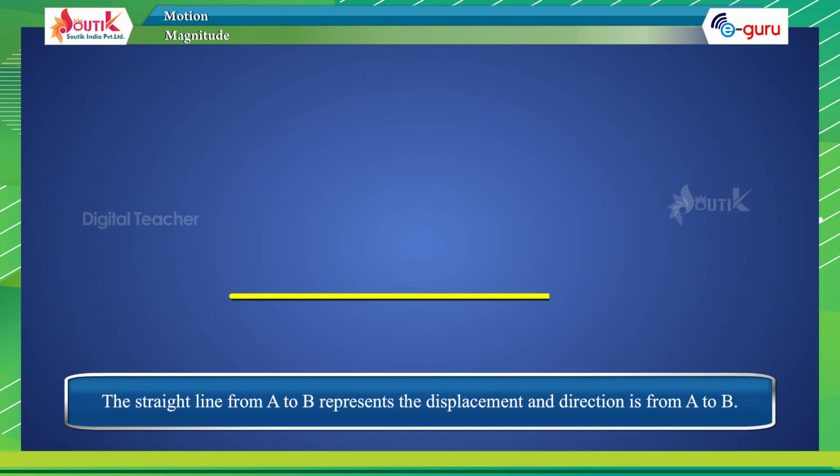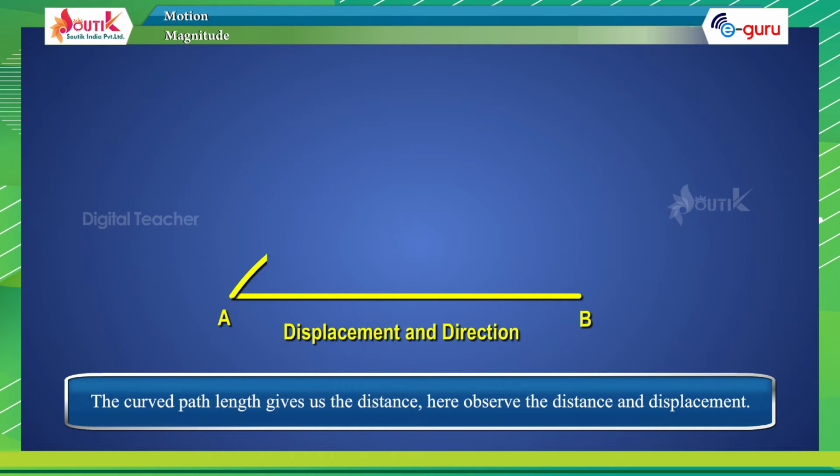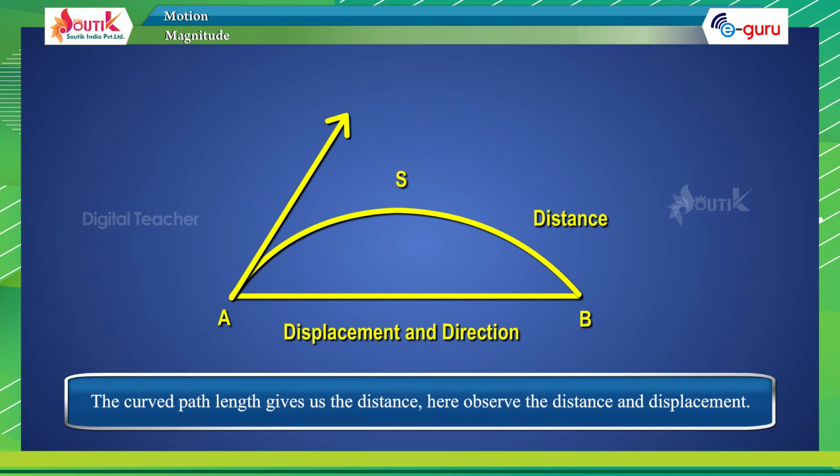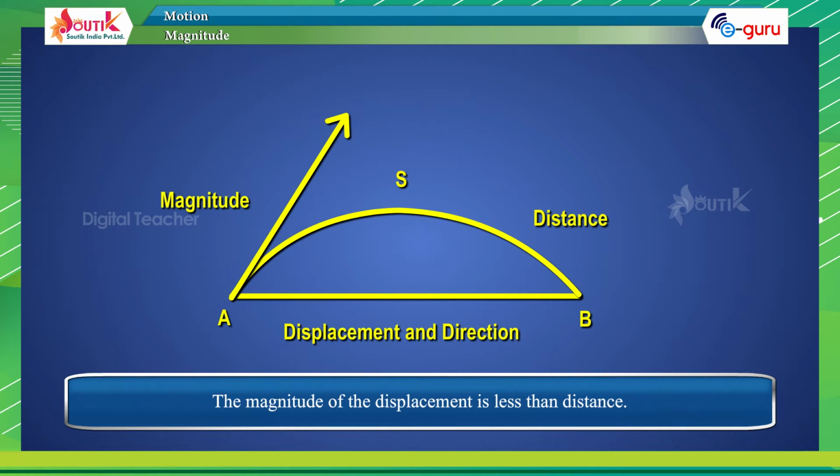The straight line from A to B represents the displacement and the direction is from A to B. The curved path length gives us the distance. Here, observe the distance and displacement. The magnitude of the displacement is less than the distance. But distance and displacement are equal when the body is moving in a straight line path.